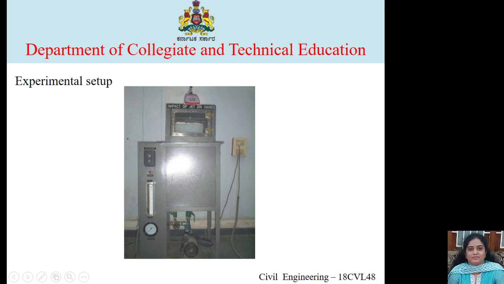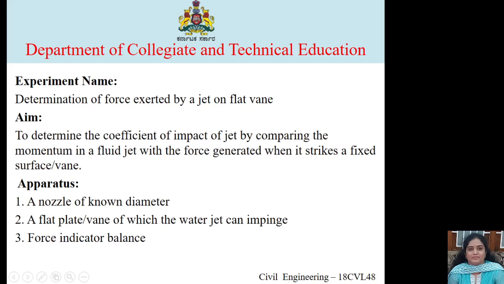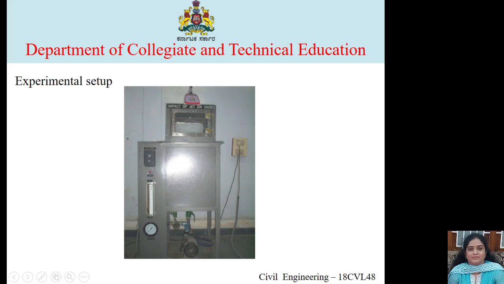The centrifugal pump is used to lift the water from the sump or from any other source, and there will be a measuring tank, the actual discharge measuring tank, also there. This is the force balance indicator here, where you can directly read the FA value, F actual.